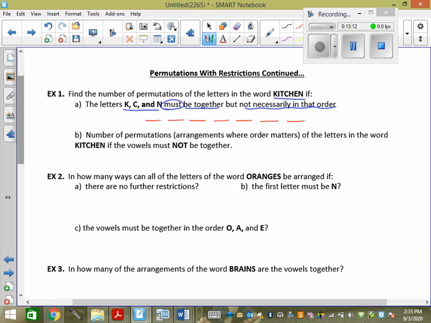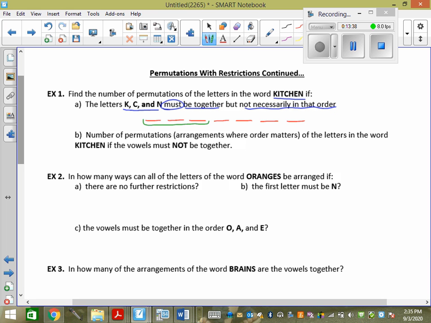I literally take them and put them at the very front of the word, and I hook them together. So it's 3 letters that must be together. So I'm going to go to the front, and I'm going to hook 3 letters together. So I hold them together. And I'm going to put a K, a C, and an N in there.